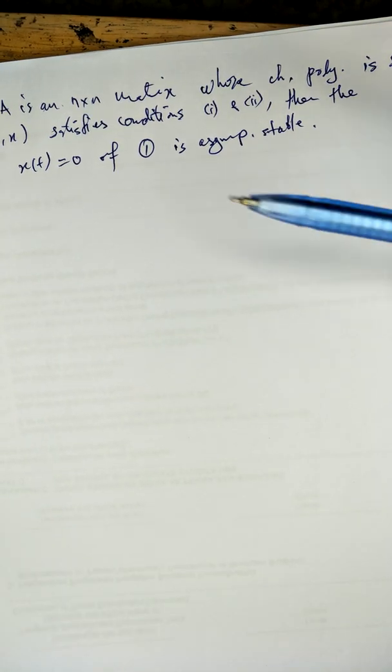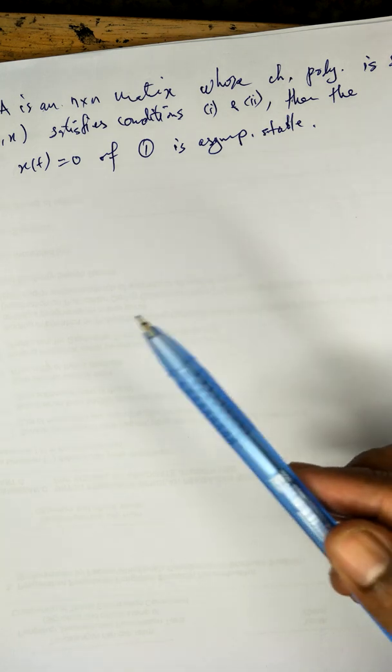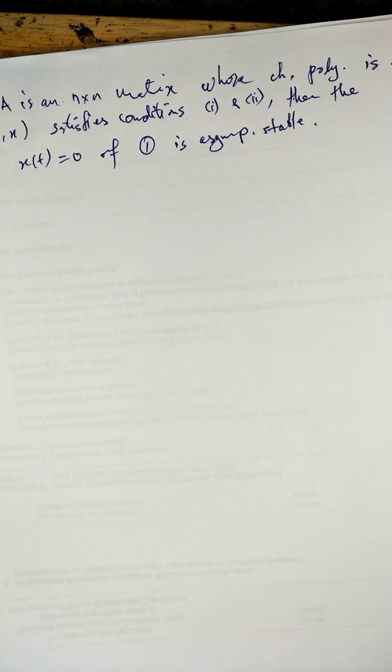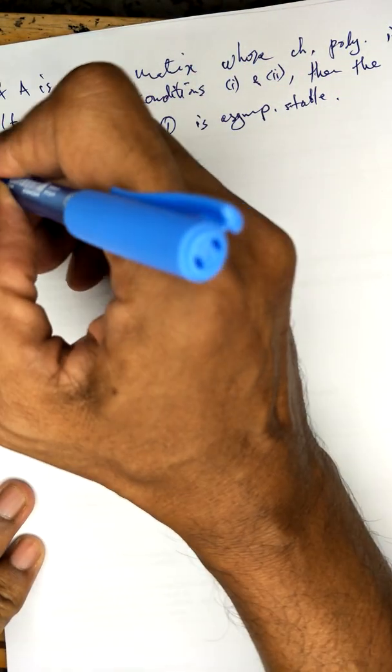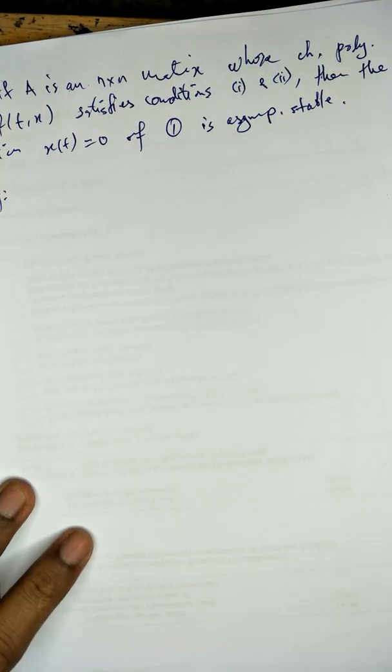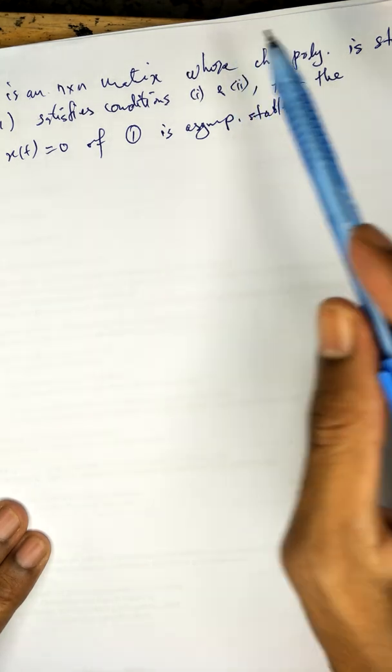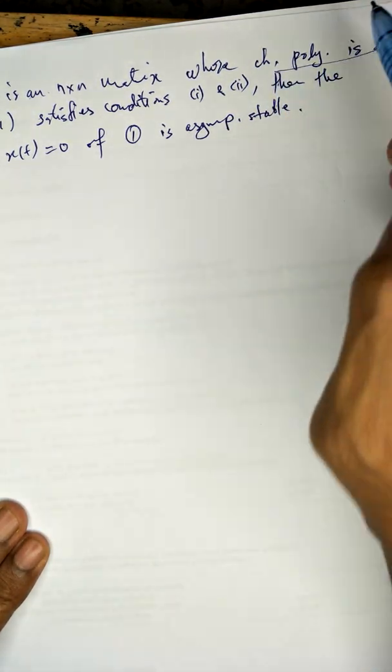The previous example I gave was just to show that for the nonlinear system, when A is a constant matrix, the solution x(t) equal to 0 is asymptotically stable, and this theorem confirms those examples. Now, to prove this theorem, it's a little bit lengthy, but I'll try. For the proof, first we need to use the stability of the characteristic polynomial.